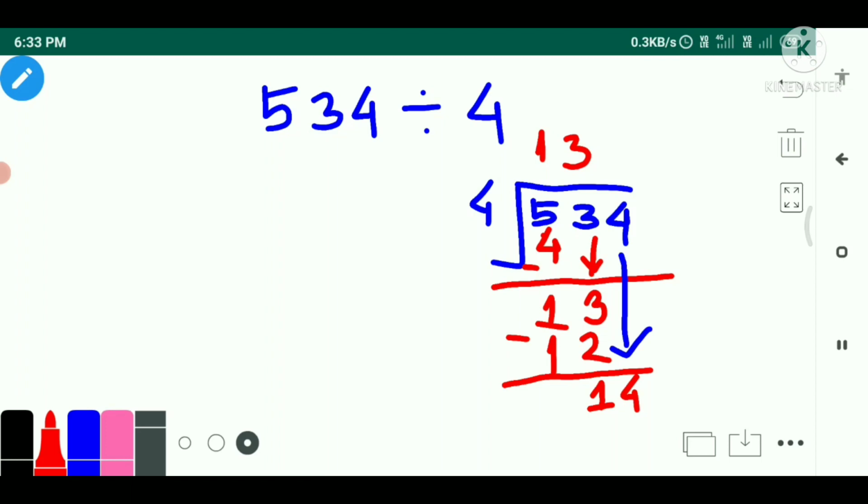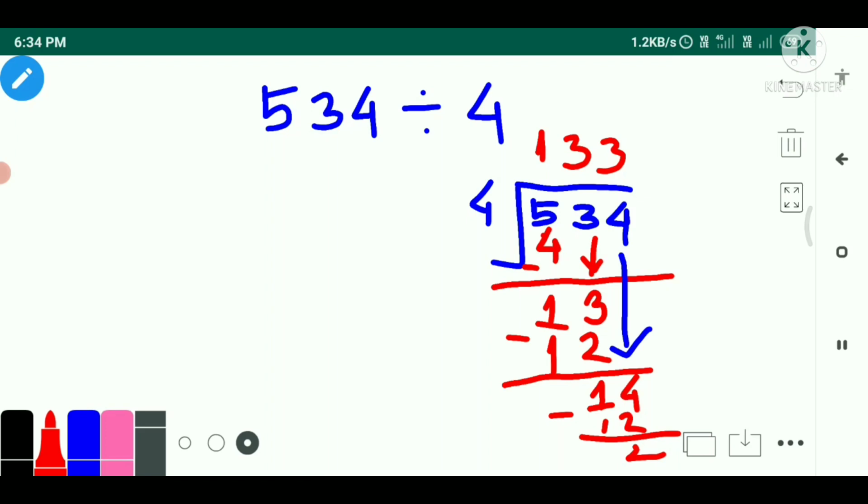So 14 is there. So now we'll check the multiplication table of 4. So 4 ones are 4, 4 twos are 8, 4 threes are 12, 4 fours are 16. Now 16 is bigger than 14, right? So we'll take 4 threes are 12. Now we'll do subtraction. So now as we can see, we get 2, right?